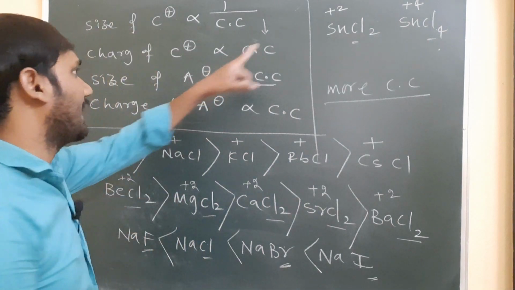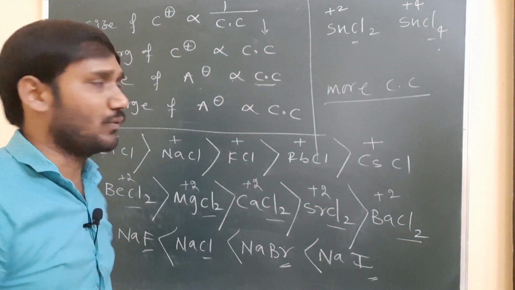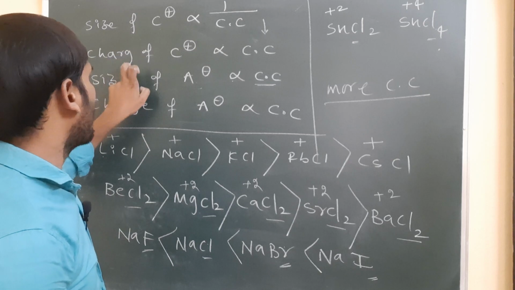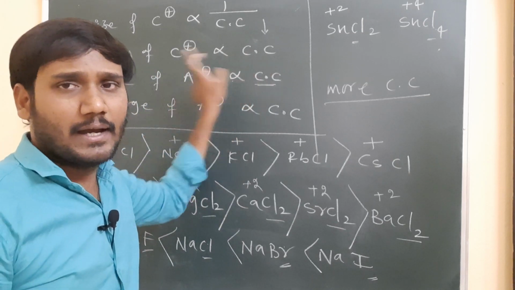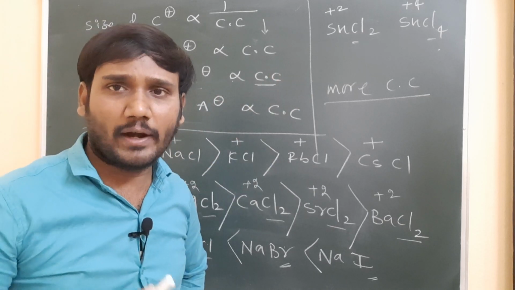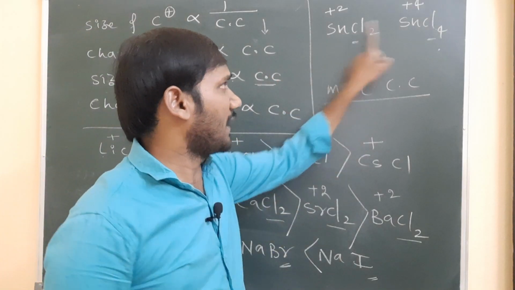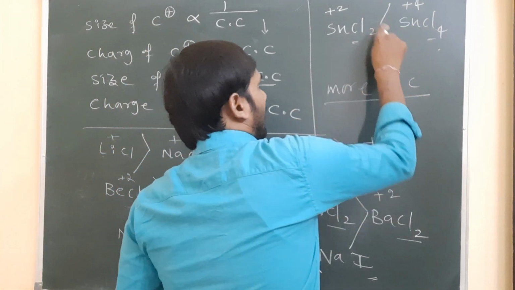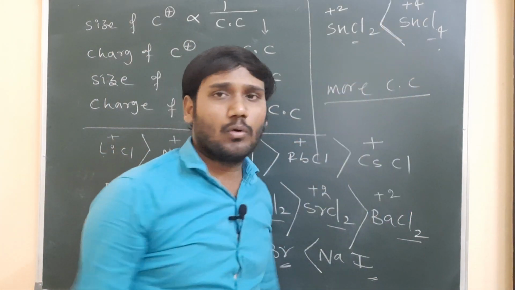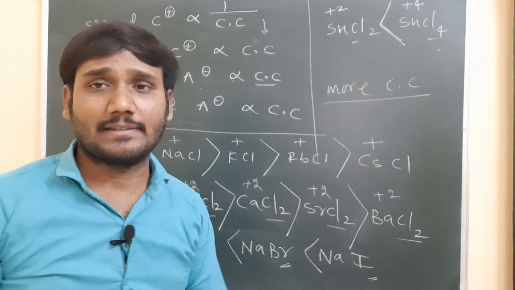Now the cation charge, one is plus 2, one is plus 4. Charge of the cation is directly proportional to covalent character. Charge of the cation more is nothing but covalent character more. So here tin plus 2, here tin plus 4, where is the cation charge more? Tin plus 4. So SnCl4 has more covalent character compared to SnCl2.